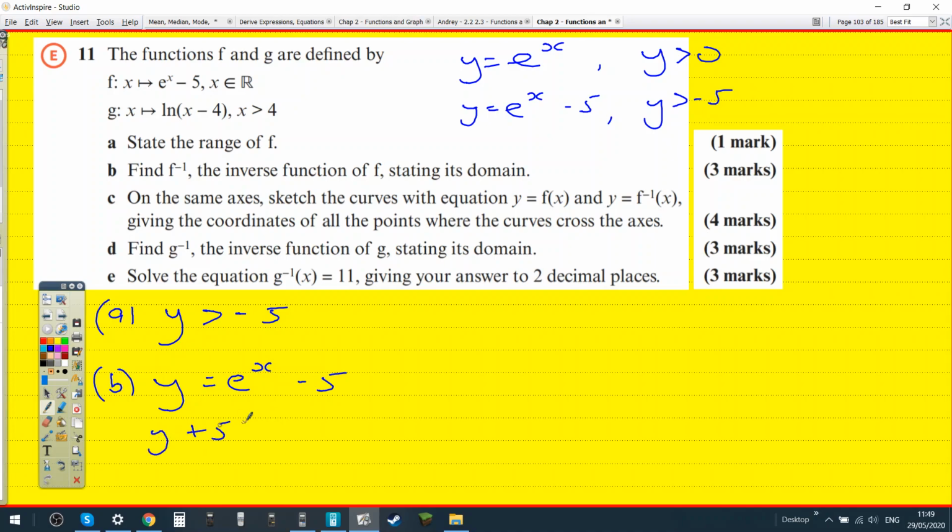Do I need to log something? Yes, special type of log is ln. So you take a ln of both sides.